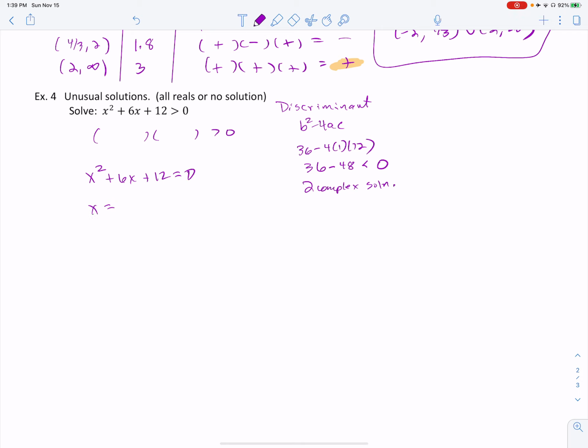So if I think of solving this equals 0, and negative b plus or minus the square root of 36 minus 4 times 1 times 12 all over 2a.